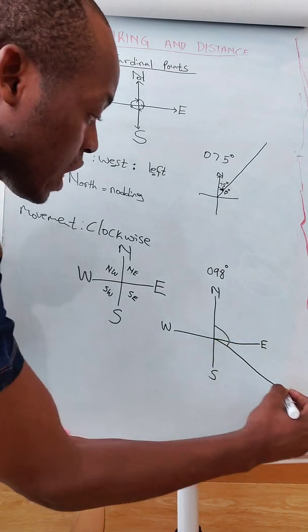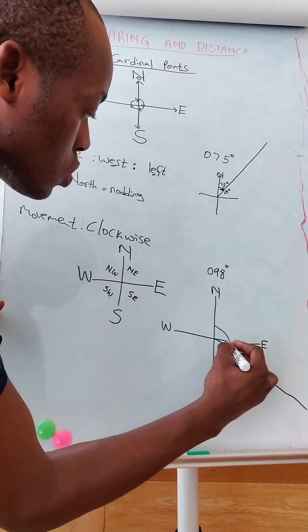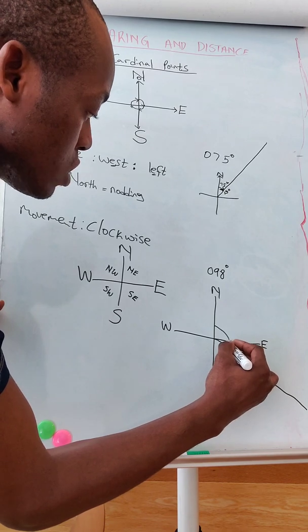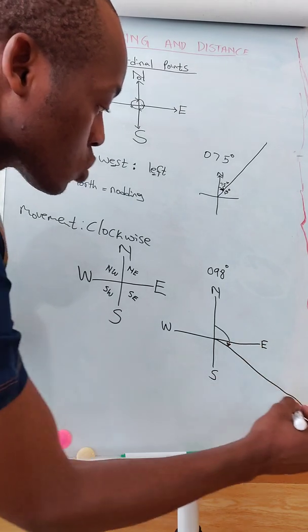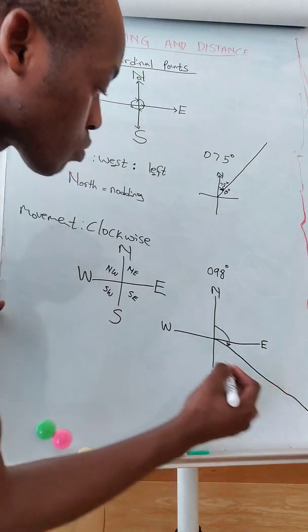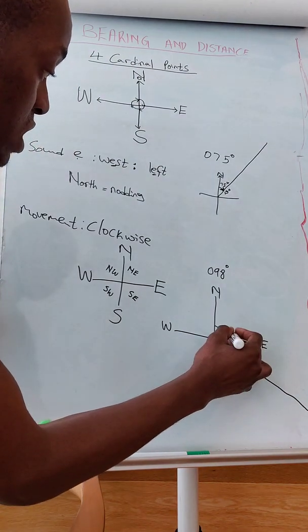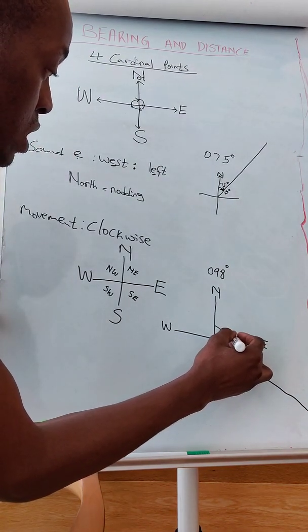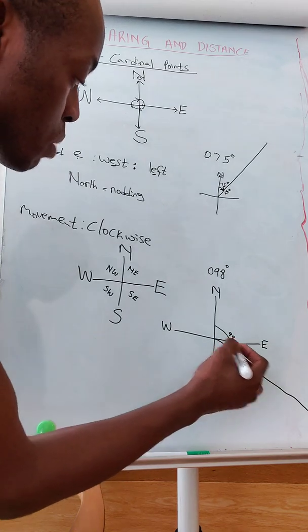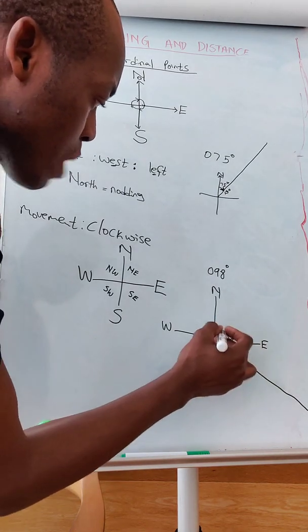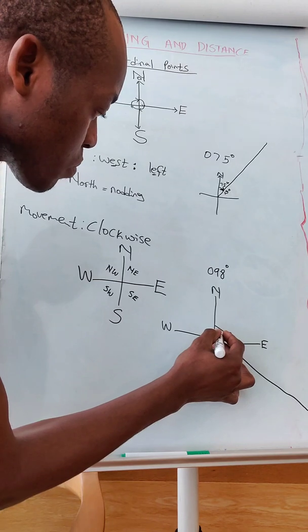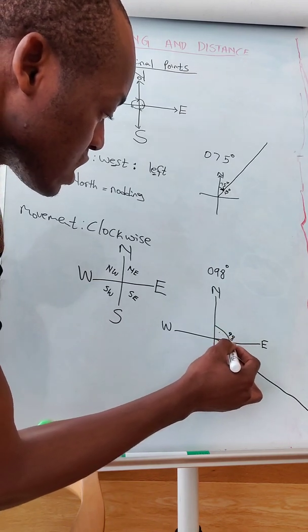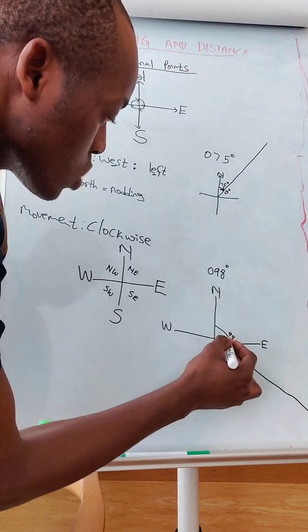So you draw a line to indicate where the movement stops. Everything is 98. But if everything is 98, that means from north to east is 90.